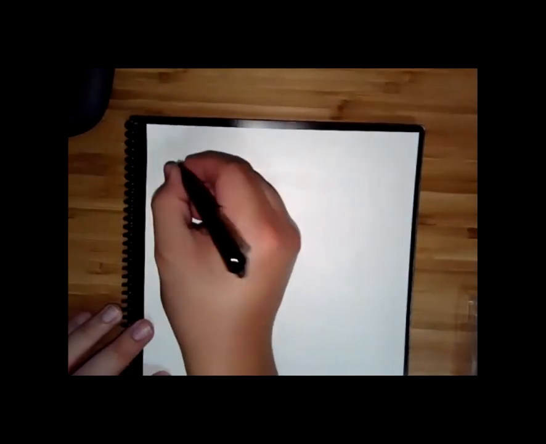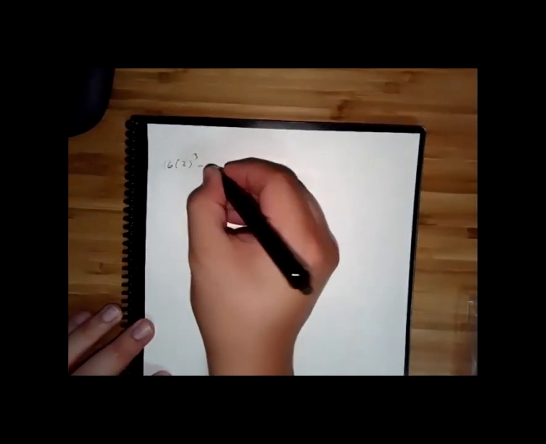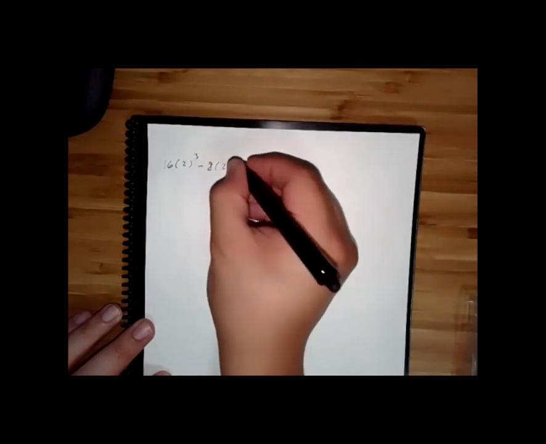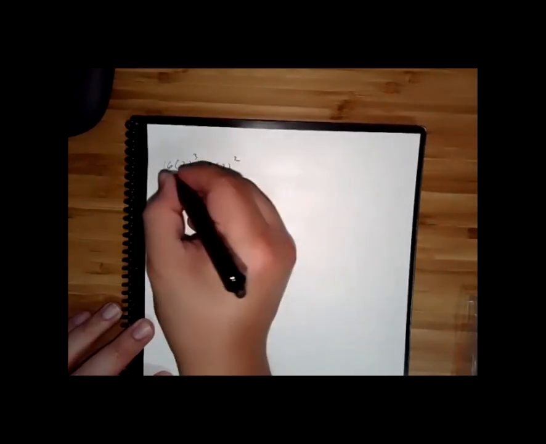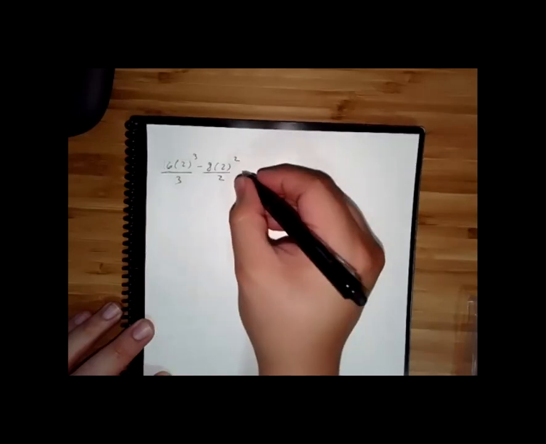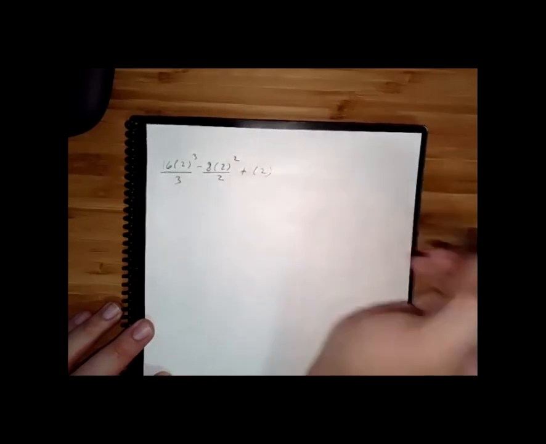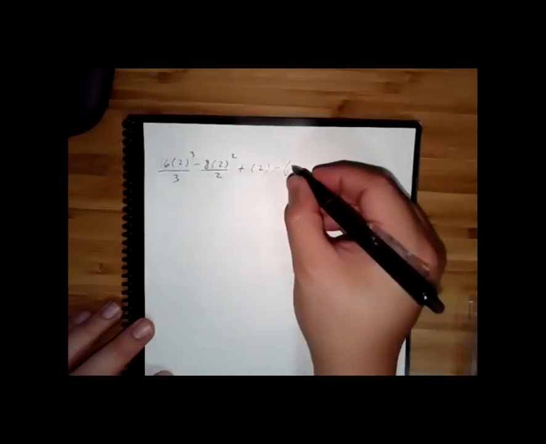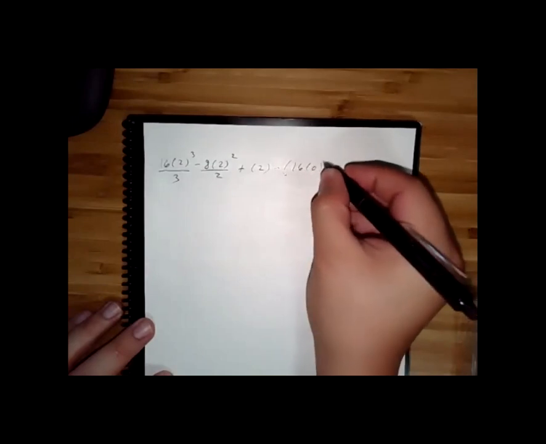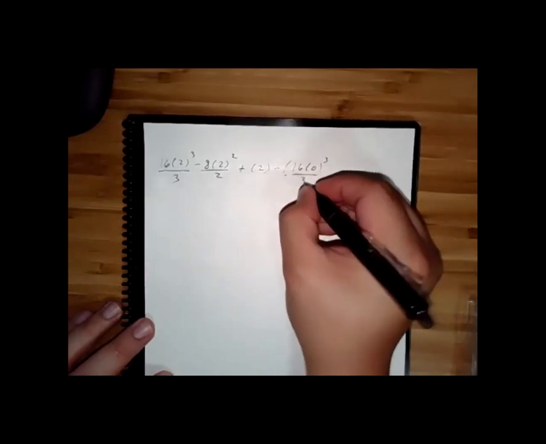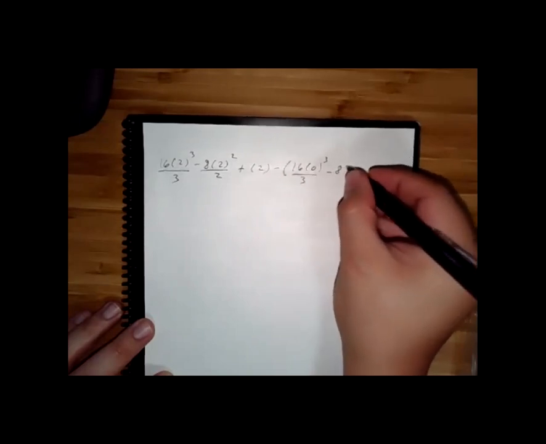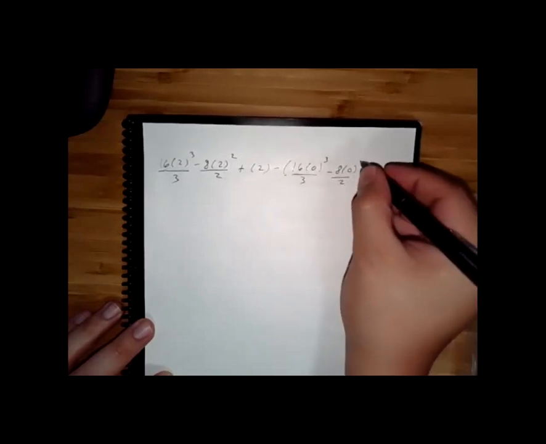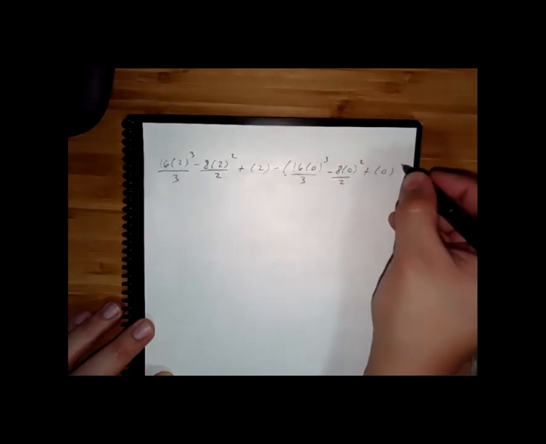All right, so let me put this on the other side over here. So we had 16 times 2 cubed minus 8 times 2 squared, plus 2. Is that right? Yes. Okay, 16 times 0 minus 8 times 0 plus 0.